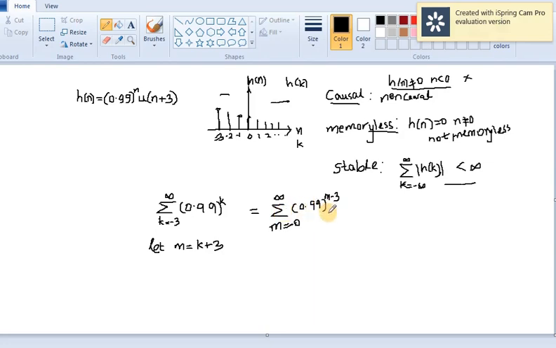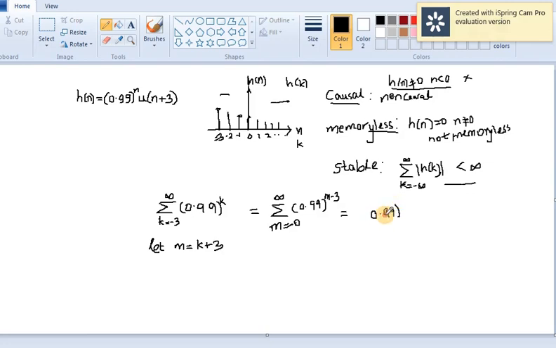Now let's solve this. For this equation, 0.99 raised to minus 3 is a constant. So we can write this 0.99 raised to minus 3 outside of the summation.